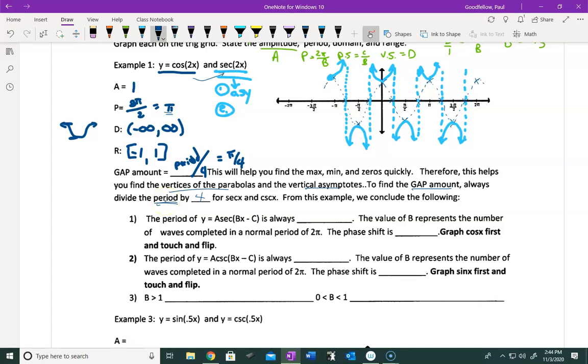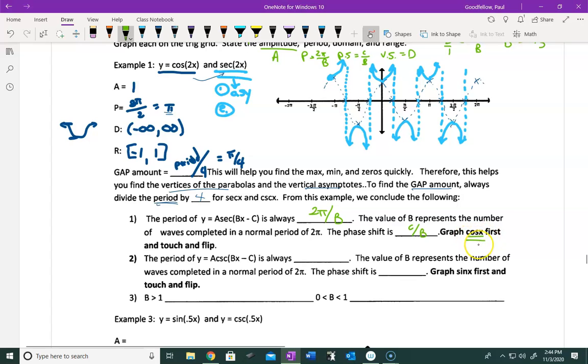Now, therefore, we can conclude a couple of things here. The period for this is always going to be 2 pi over b, just like it was for cosine. The b value represents the number of waves that will be completed during that time cycle. And phase shift will always be the same as well. It'll be c over b.